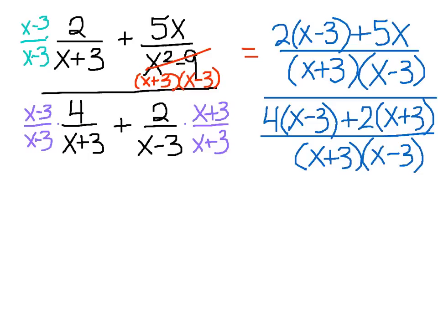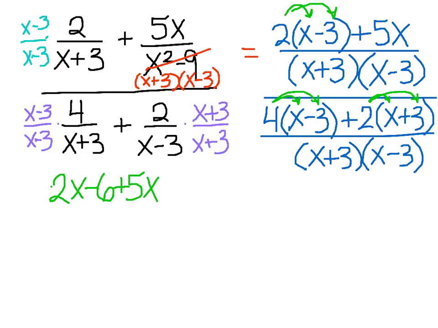Now, let's simplify. I'm going to use the distributive property for all of these. I'm going to have 2x minus 6 plus 5x over x plus 3 times x minus 3.